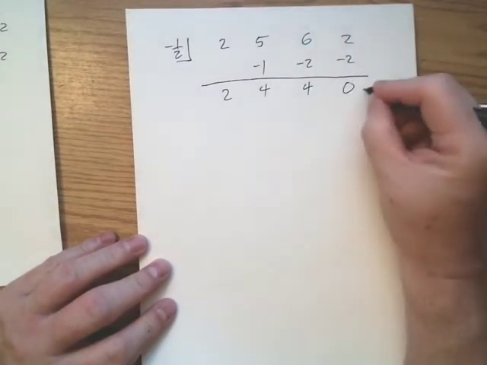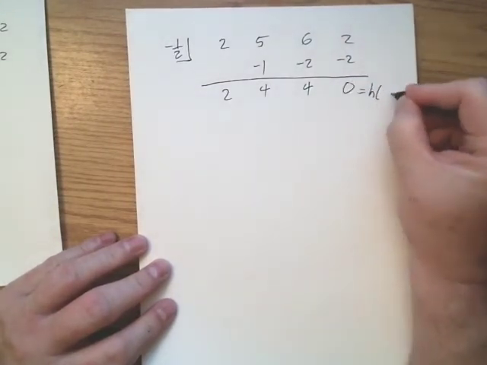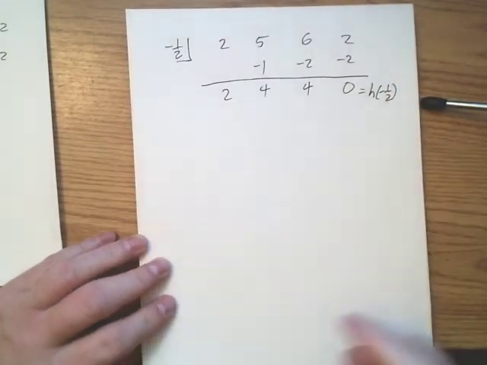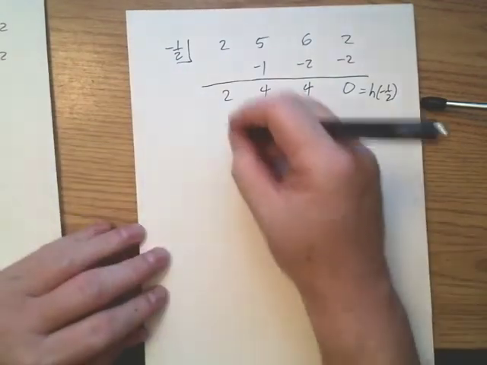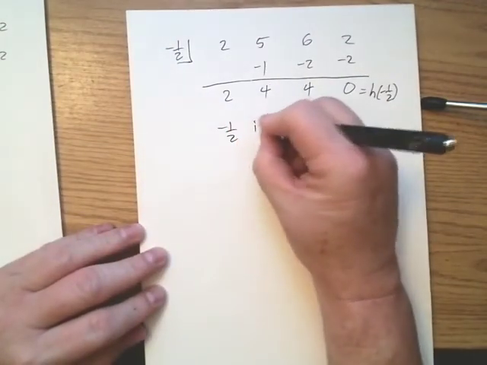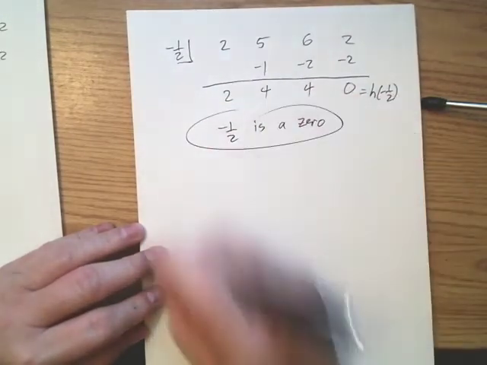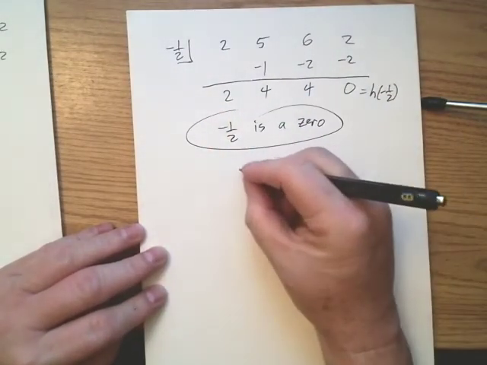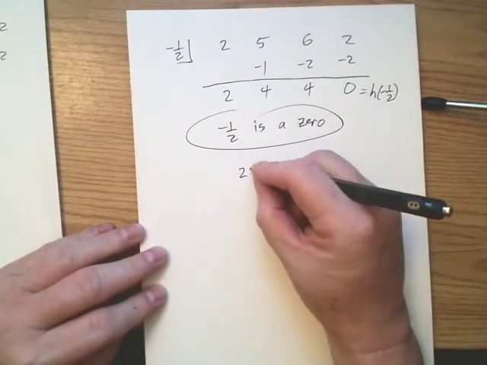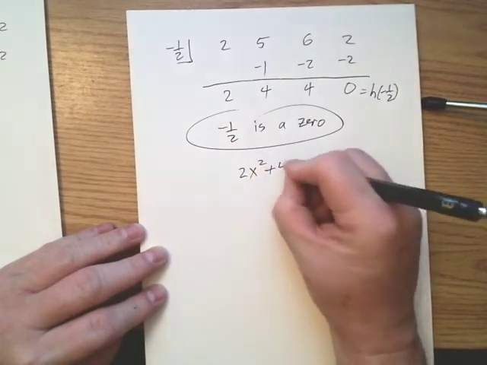Add, we get 0. So that's my polynomial h evaluated at -1/2. That's a 0. Cool. So what we found is -1/2 is a 0. Now, this would be the quotient polynomial here. That would be a second degree polynomial. So it would be this.